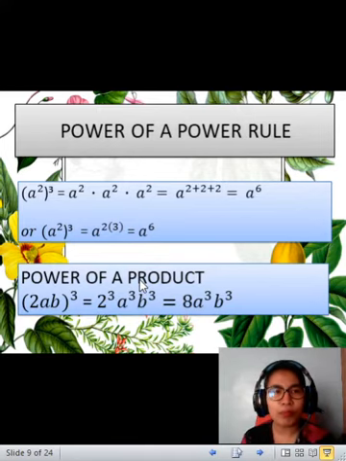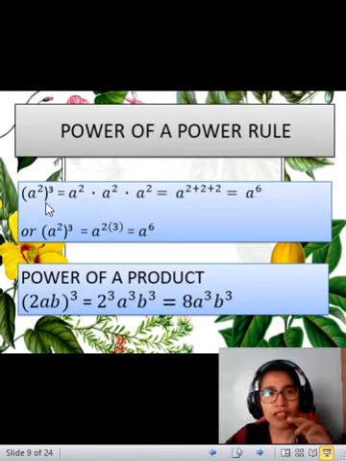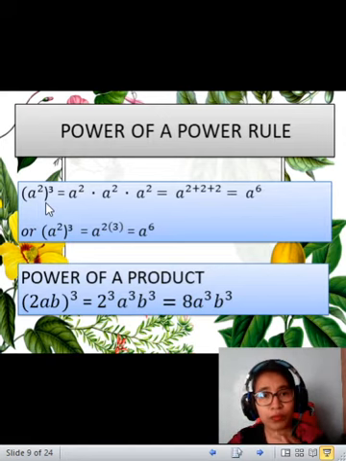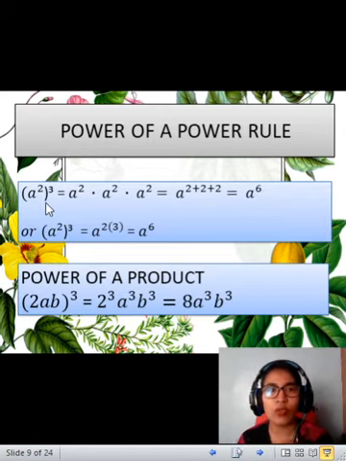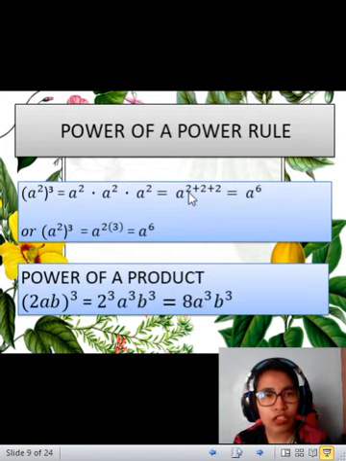Next, we have the power of a power rule. You have your base together with the exponent already, and there is another exponent on the outside of that parenthesis. So a squared cubed, that's how you read it. You will write it as a squared times a squared times a squared, or you can have it as a raised to 2 plus 2 plus 2, which is equal to a to the 6th.